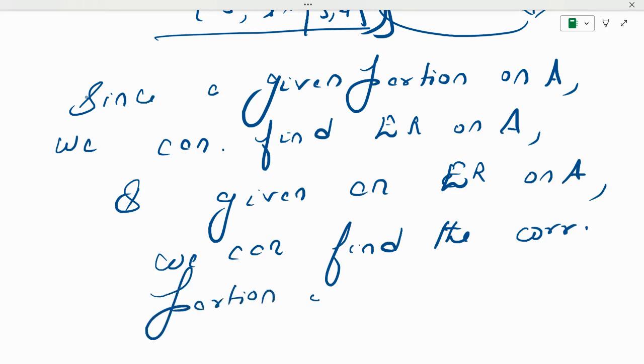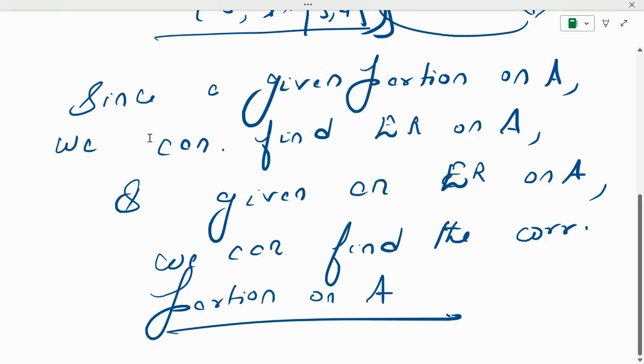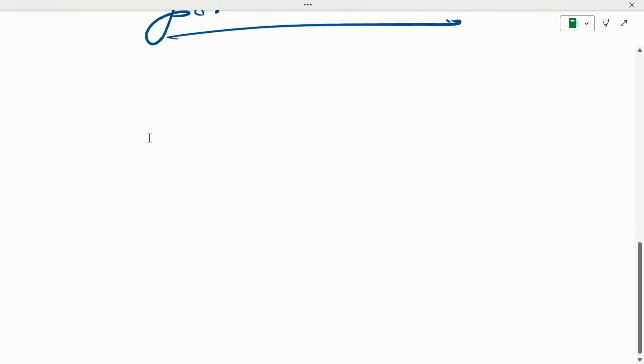So there is a one to one relation between the number of equivalence relations on A and the number of partitions on A. For each partition there is an equivalence relation, and for each equivalence relation there is a unique partition.